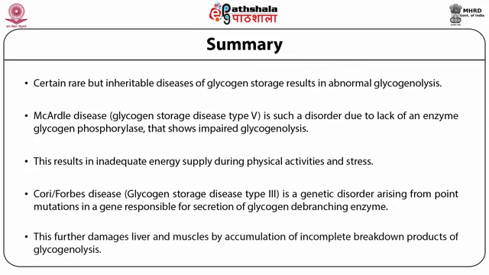It further damages the liver and muscle by accumulation of incomplete breakdown products of glycogenolysis. So students, glycogenolysis is very important for the harmony of our body. If glycogenolysis is impaired, then we may have certain diseased conditions.